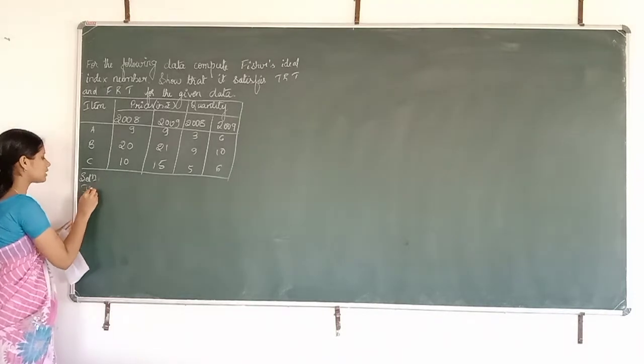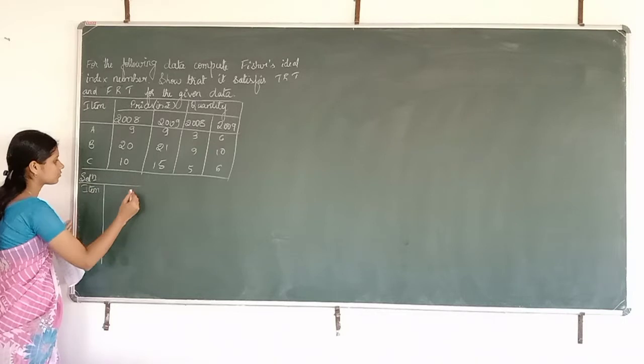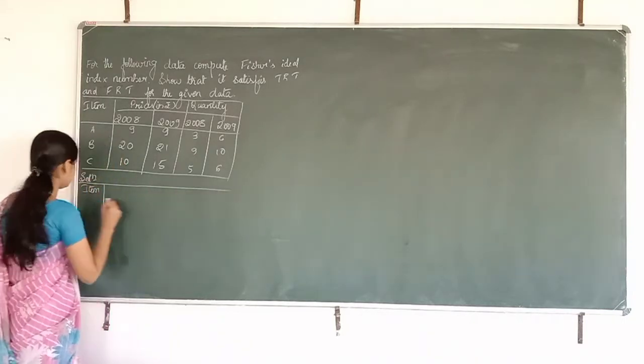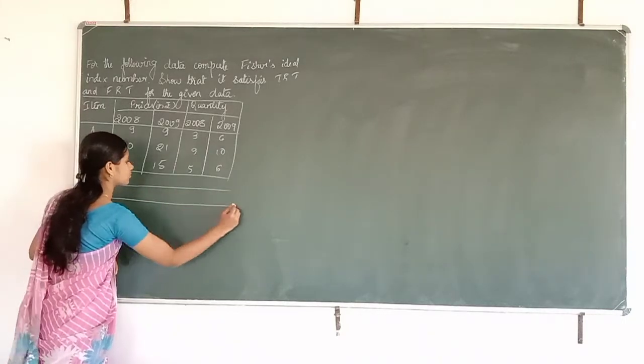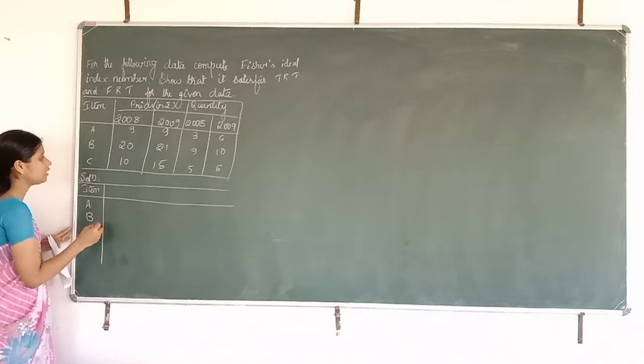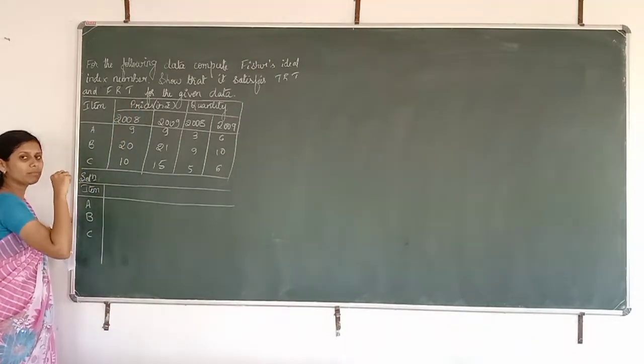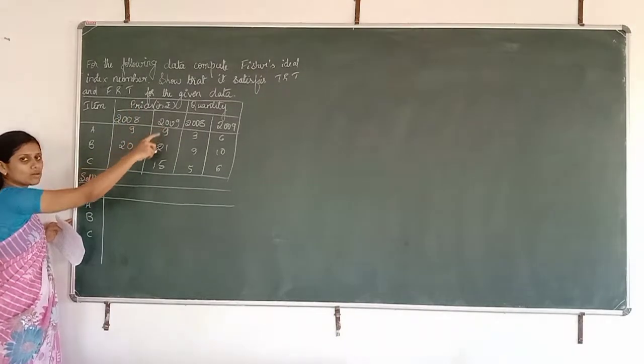So the first column is items, next item is A, B and C. Next 2008 prices. So prices is denoted by P. Here 2008 and 2009 is given.